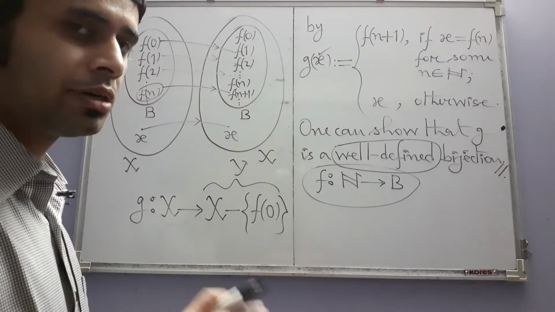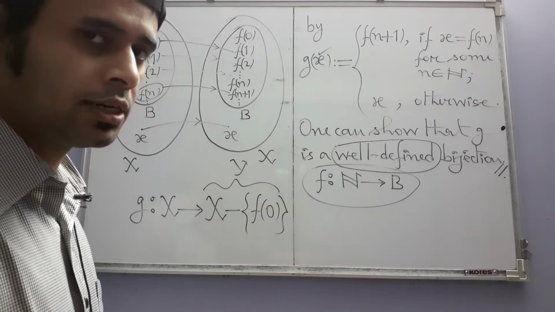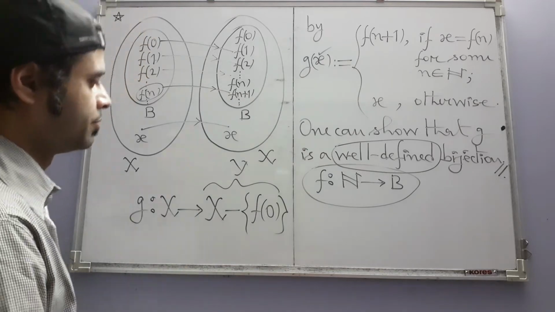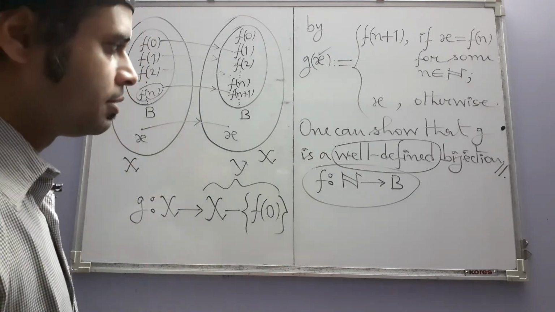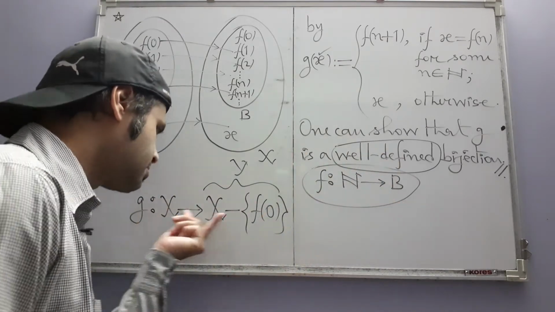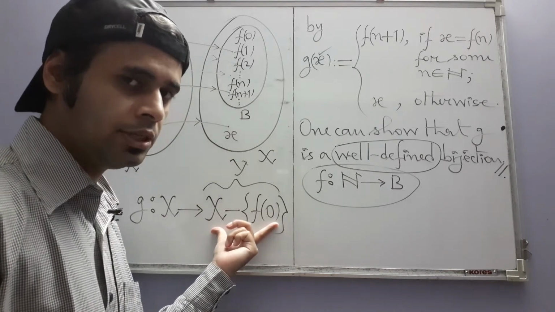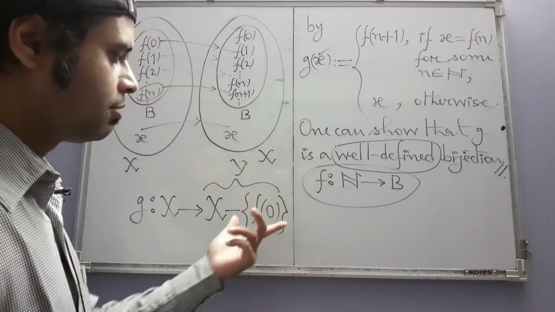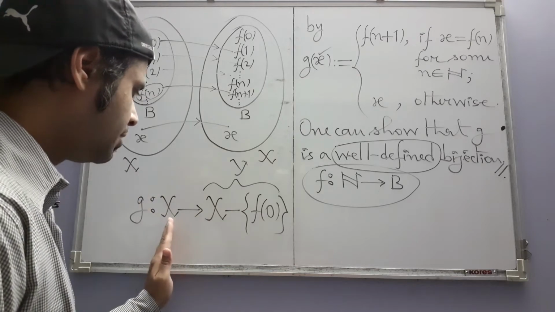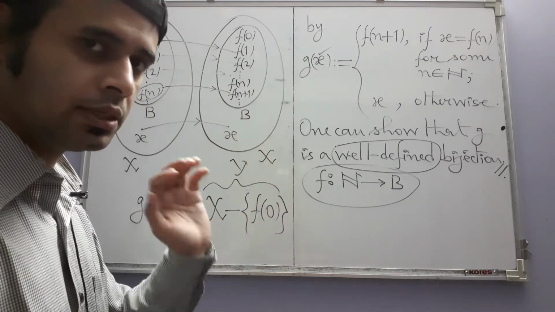Whenever we are defining a function, we have to always show that it's actually a well defined function. So in order to prove that it is well defined, you need to show that g actually maps X into this set, and then you have to prove that for every input there is a unique output. That proves that g is well defined.